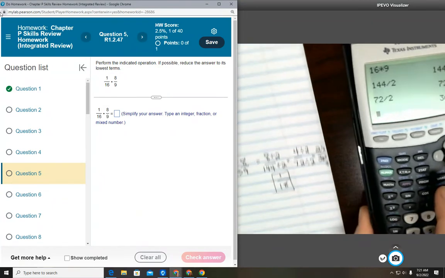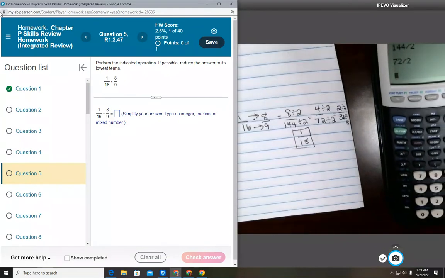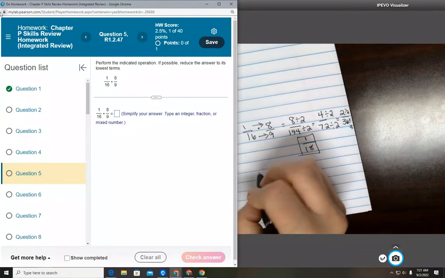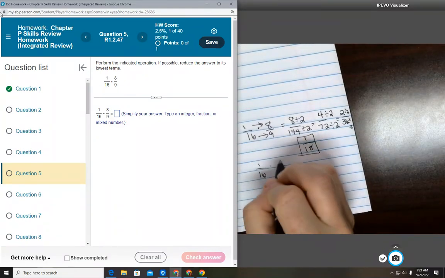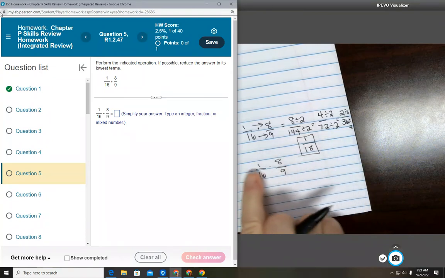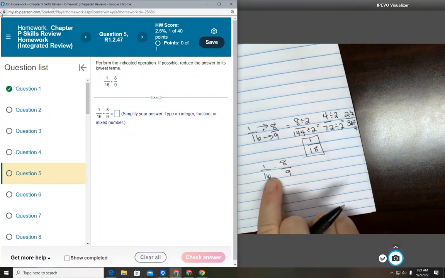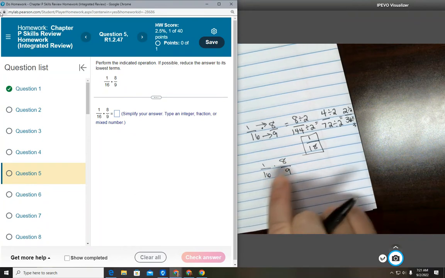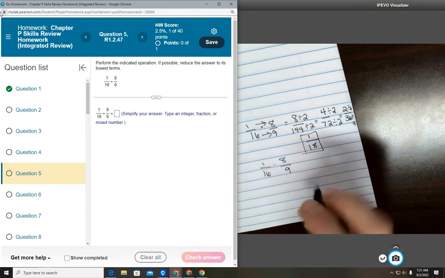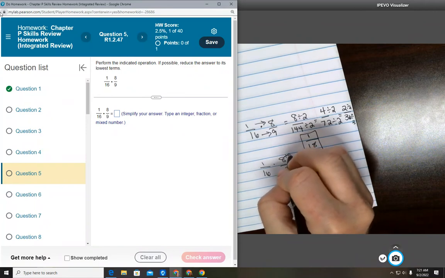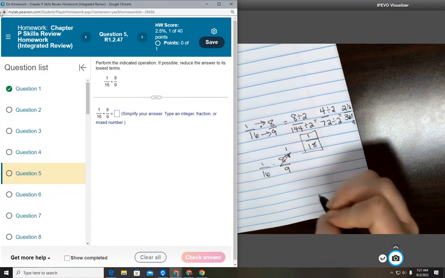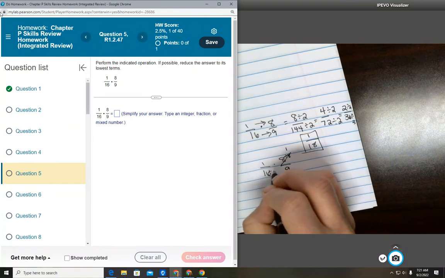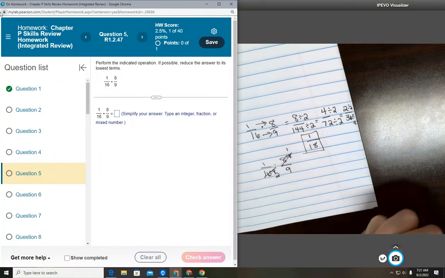Okay, let me show you another way, and this is actually more efficient. Whenever you multiply, you can do what's called cross cancel. You can look and see if these can cancel each other. I know that 8 will go into 16 evenly, so I'm going to divide by 8 in the beginning, and that gives me 1. Then I'm going to divide this by 8, and that gives me 2.